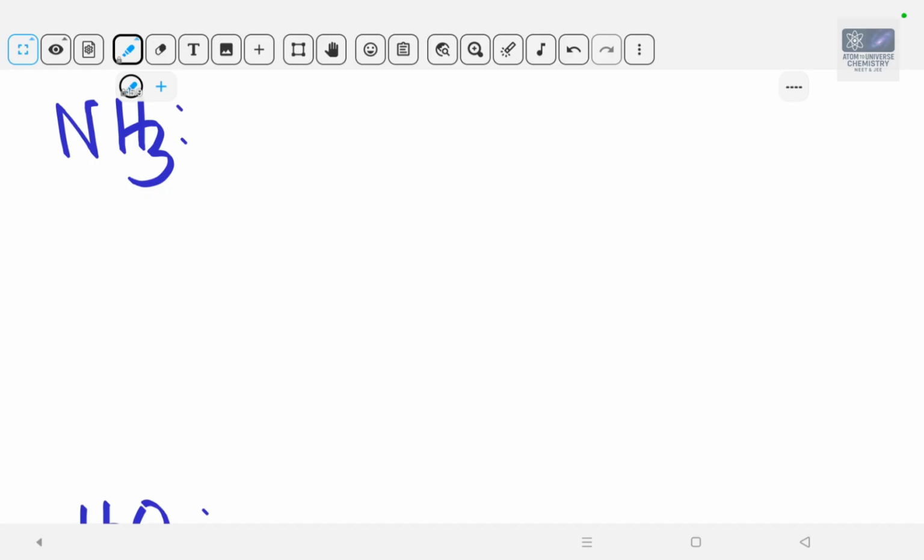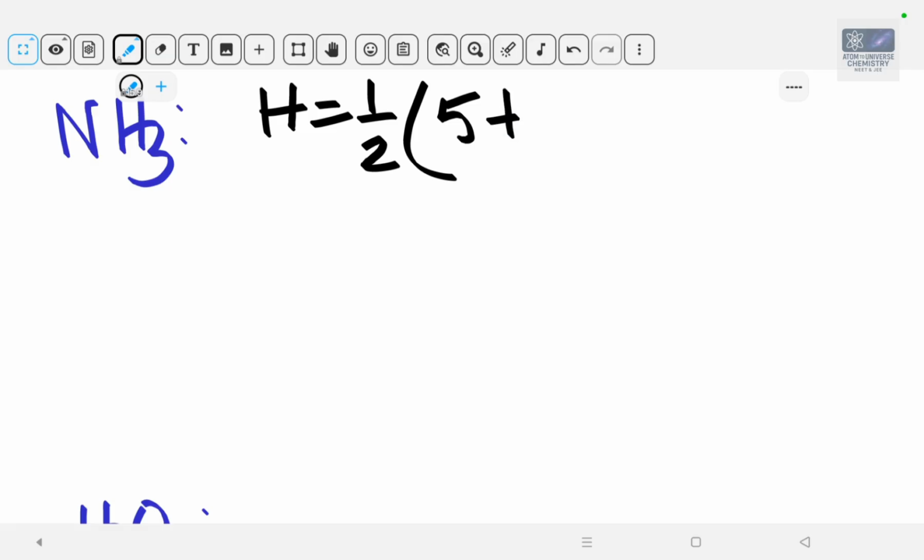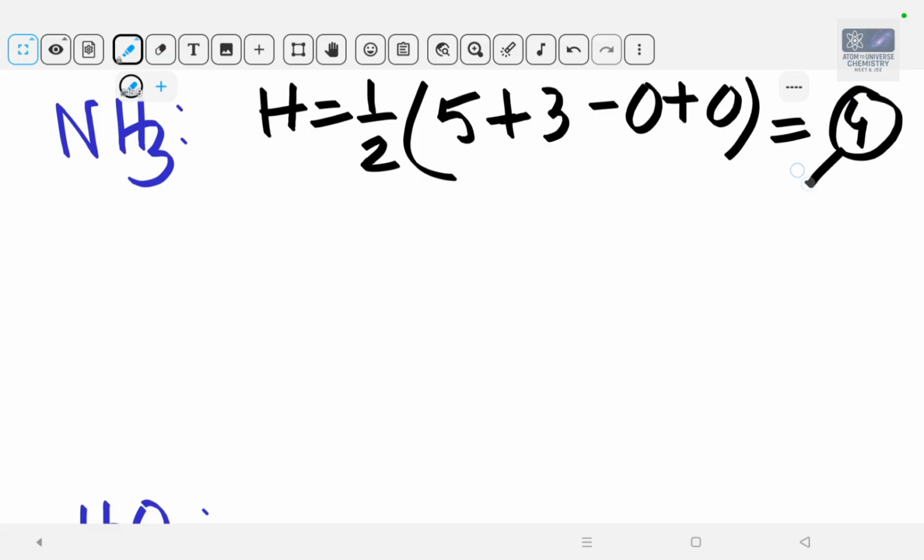Yes, just put the formula: H equal to half the number of valence electrons in case of nitrogen, which is 5, the number of monovalent atoms is 3, that is hydrogen, no plus charge, no minus charge, giving you a total of 4. So that is the trick, because it also gives you sp3 hybridization.